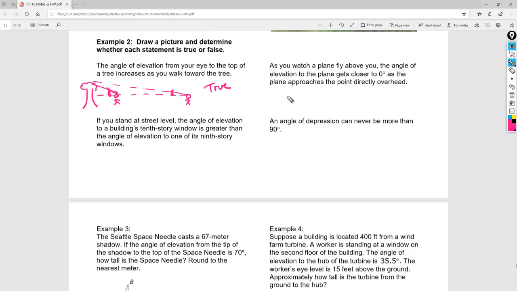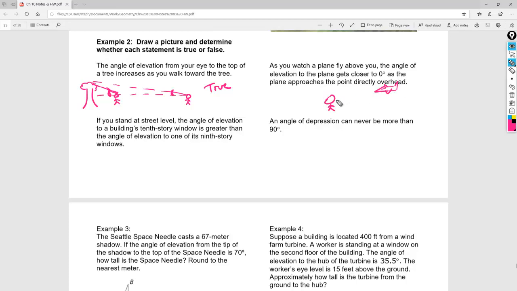Alright, let's go over here. So as we watch a plane fly above us, the angle of elevation to the plane gets closer to 0 as the plane approaches the point directly overhead. Okay. So here we are again. And let's say there's a plane. Okay, I'm not an artist.